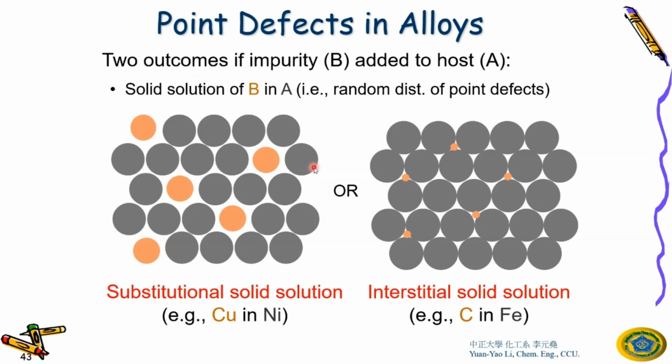An important thing is that the impurity atoms are randomly distributed in the host atoms. Carbon is randomly distributed, a random distribution of the point defects. So atoms are randomly distributed in this body. Okay.